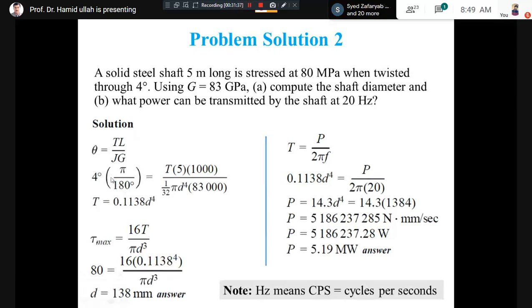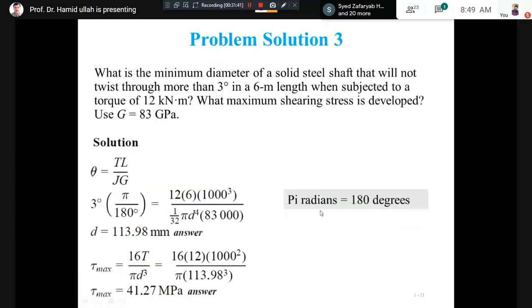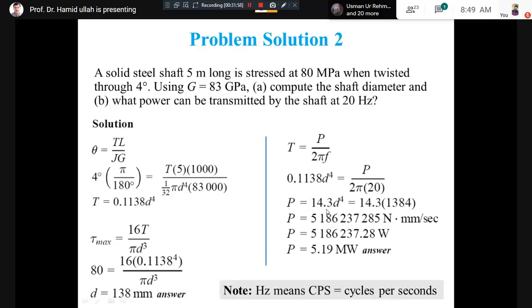You remember this well-known conversion: pi radians equal to 180 degree. So this is the conversion from radians to degree, or from degrees to radian.